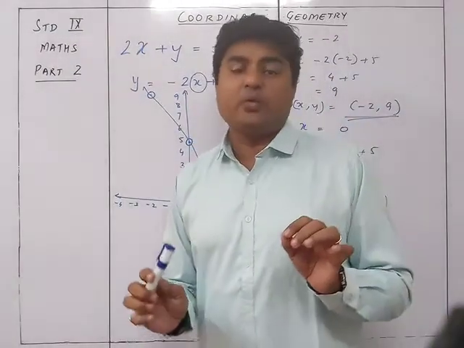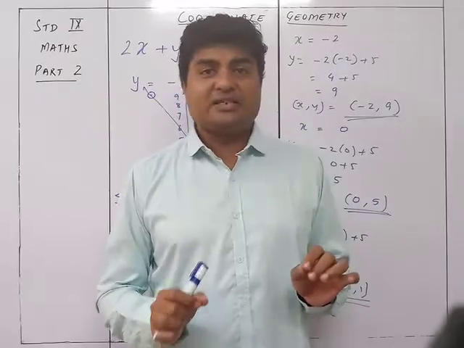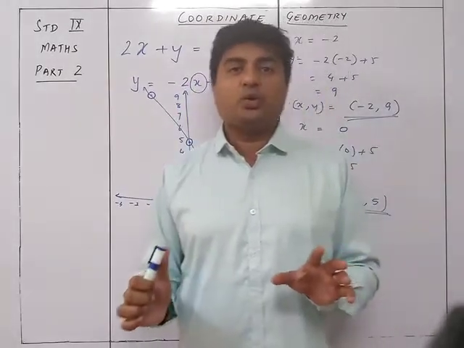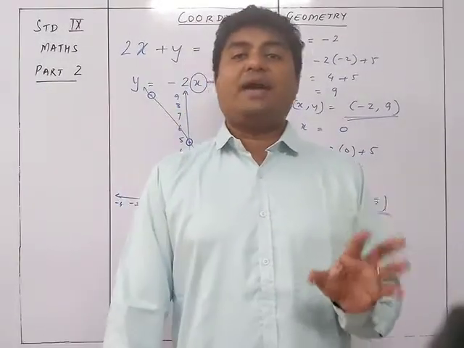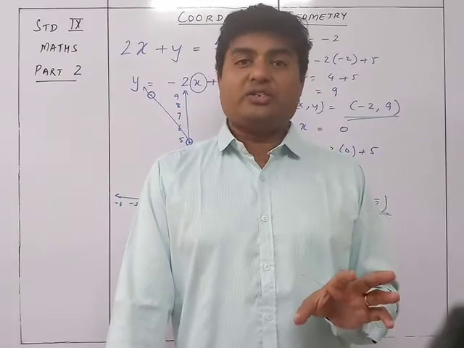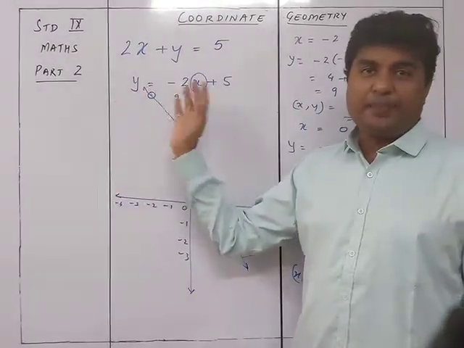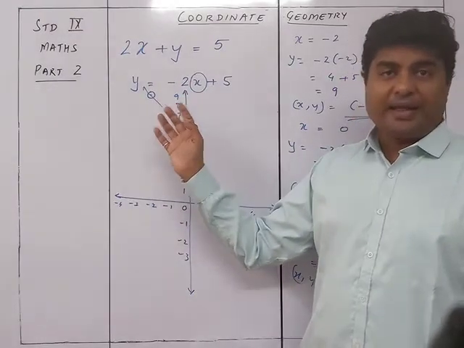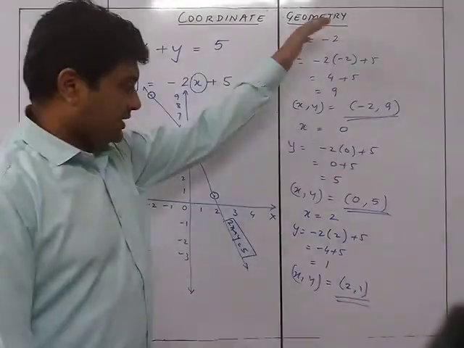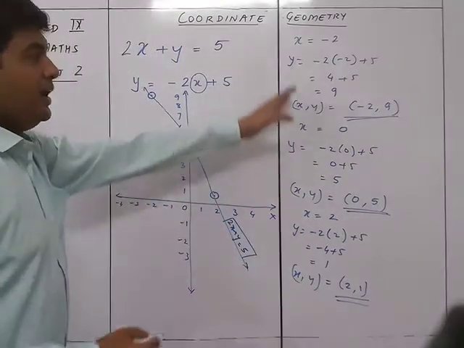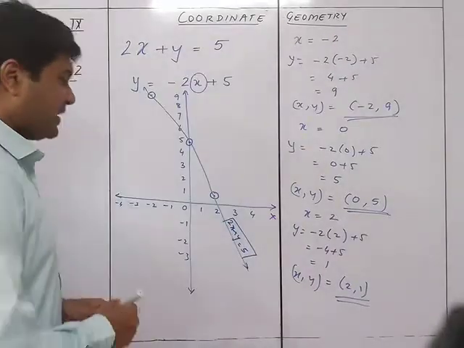That is basically what is there in our exercise number 2. In exercise number 2, we are given certain equations, and we are going to find the dependent and independent variable first, and then make a table.